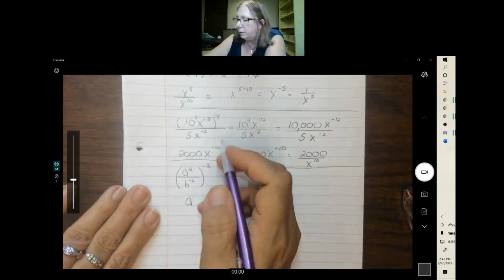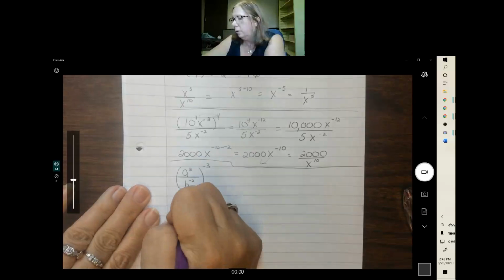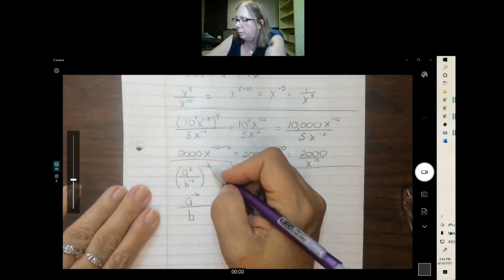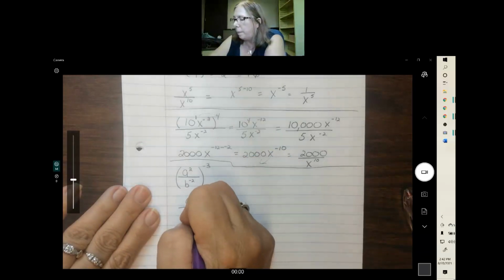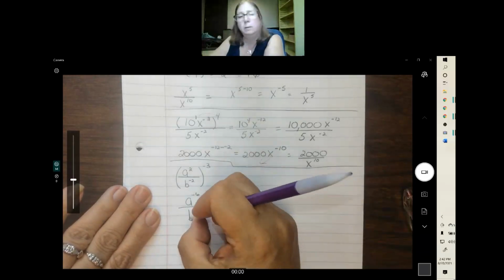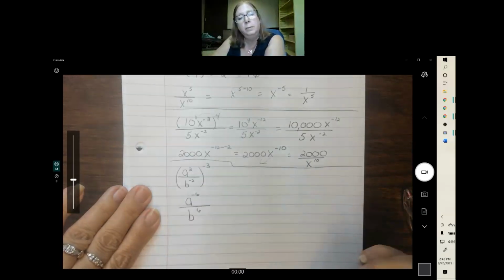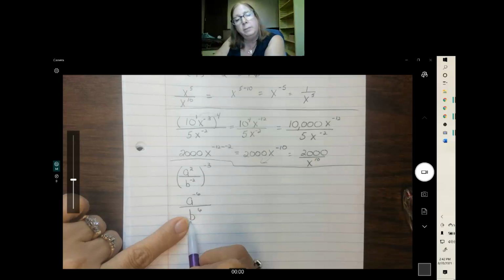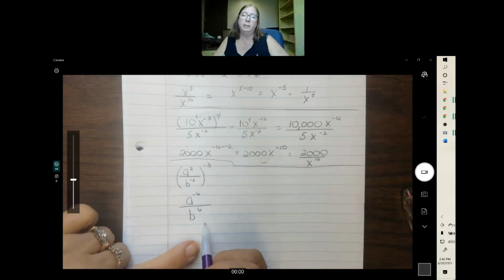2 times -3 is a -6 over b. -2 times -3 is a +6. This one is positive. This one's negative, so it needs to get moved down.